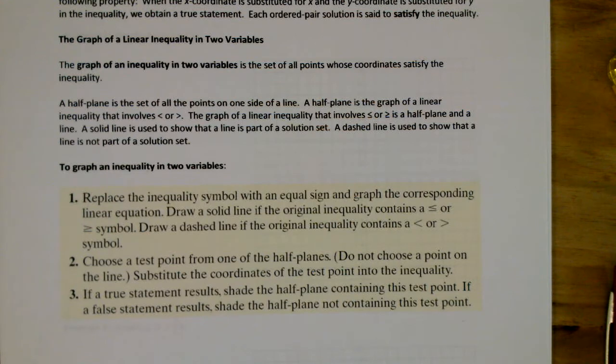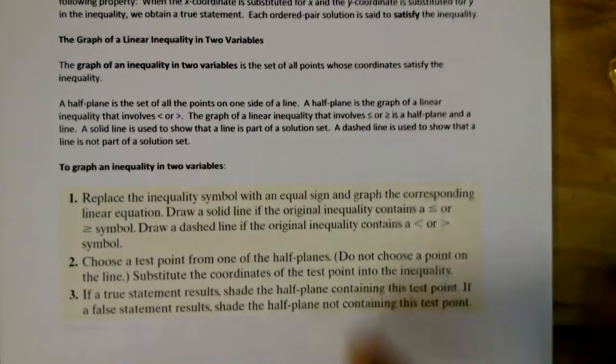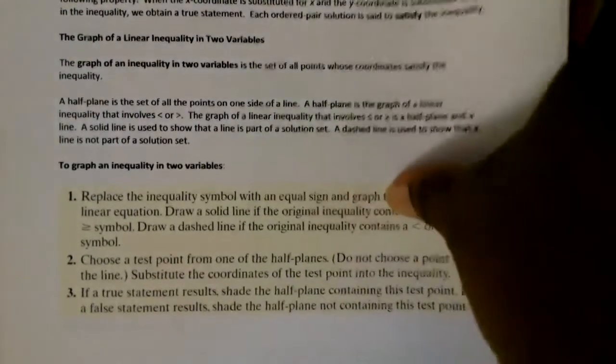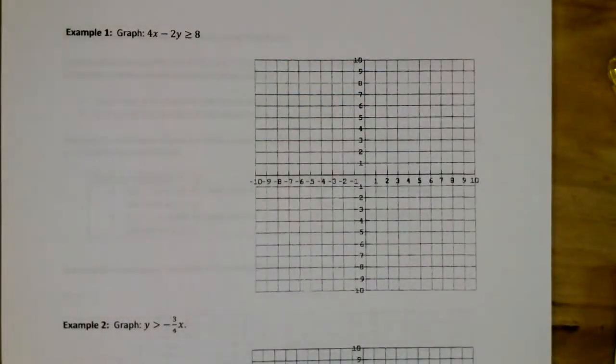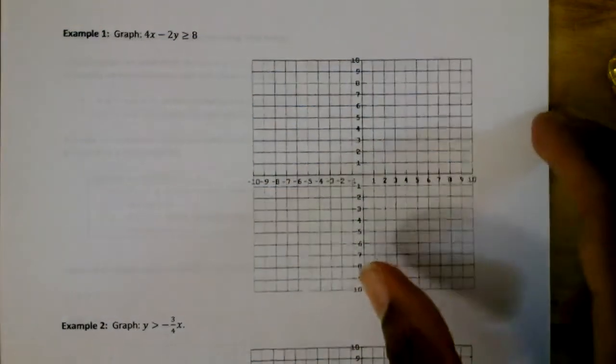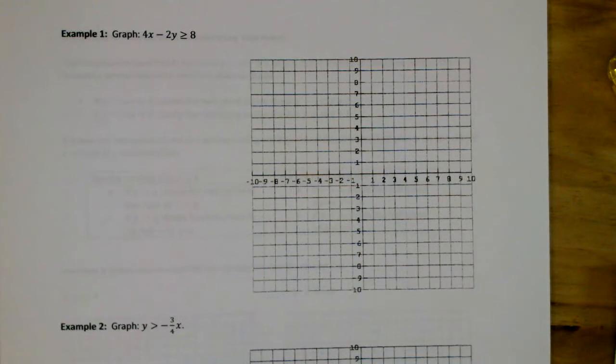Okay, all right, now let's look at a few examples of this. Here we're going to be dealing with simply graphing an inequality like this one. In example 1, you have 4x minus 2y is greater than or equal to 8. Here's the first thing I'm going to do.